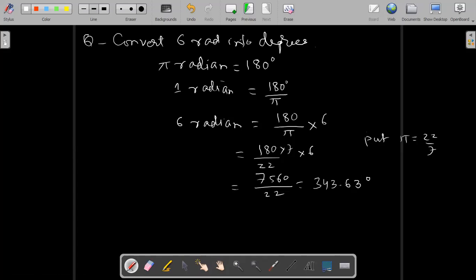So that means you have two parts. 0.63 degrees will be converted into minutes and seconds. 343 is degrees in the whole number, but 0.63, how will you convert it? First you write here 0.63, and as you know, 1 degree is equal to how many minutes? 60 minutes.